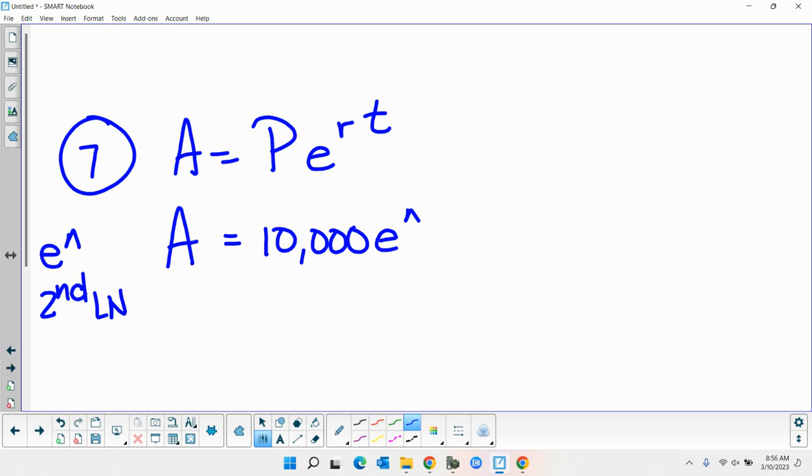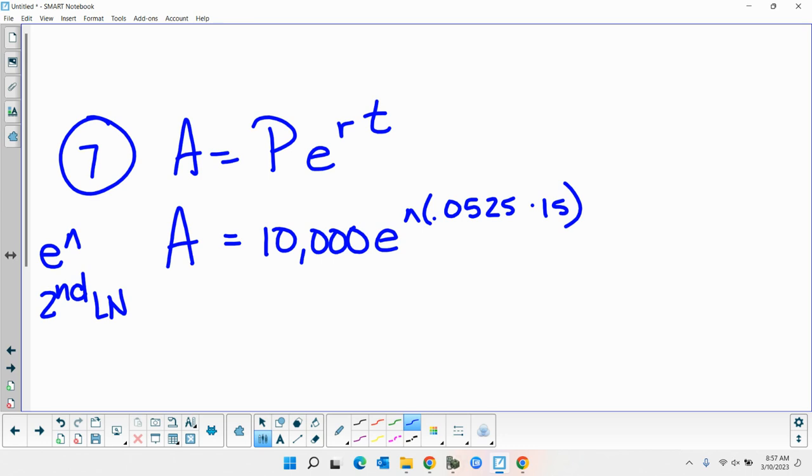Okay, that's the button you push. R, again, is your interest rate. So it's 5.25%, so 0.0525. You move that decimal point to the left times the number of years, which in this case was 15. When I hit that, I think it gives me a parenthesis.